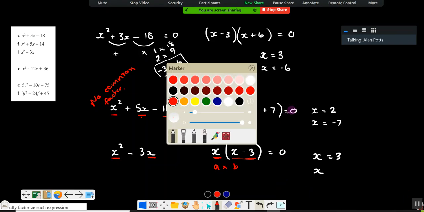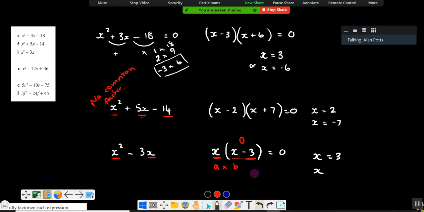And the other solution will be? x would be 0. This one would be equal to 0 on its own, yeah? Remember, all of these are now in the form A multiplied by B. A multiplied by B equals 0. So either that equals 0, or this equals 0. That's why we got these numbers.